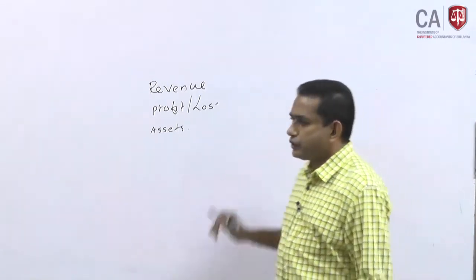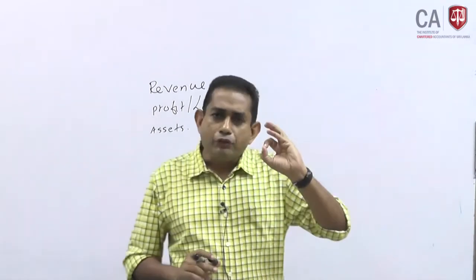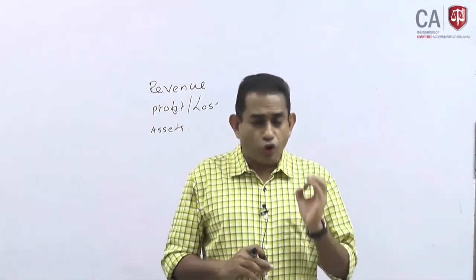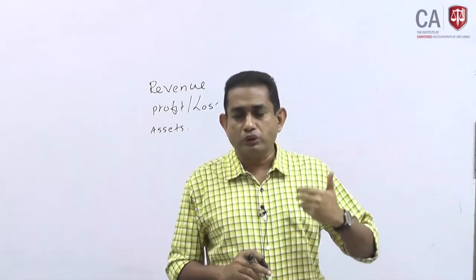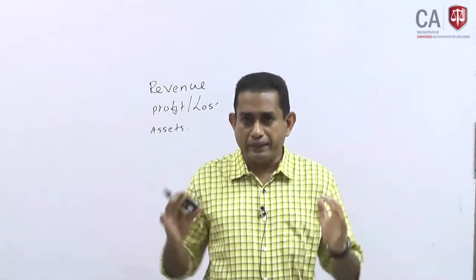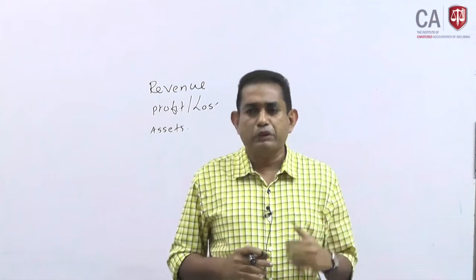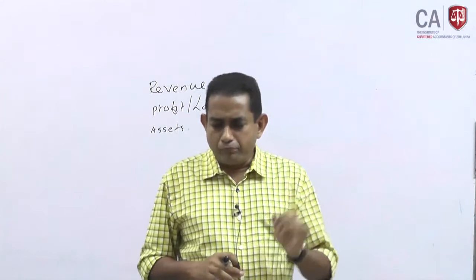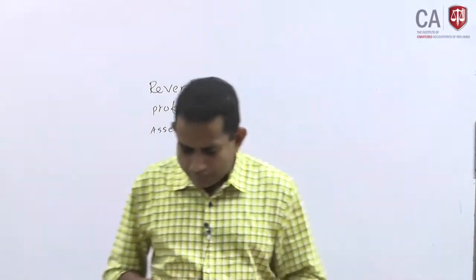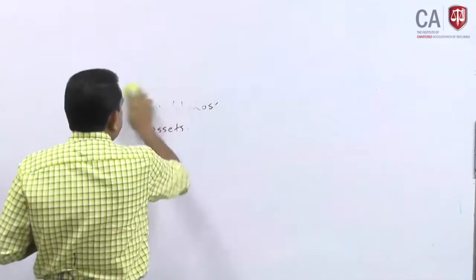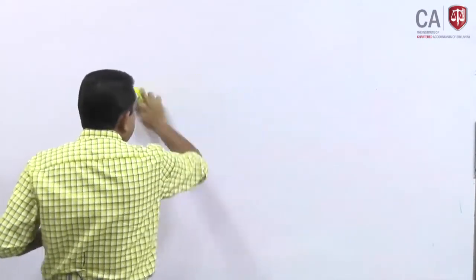Now, assets. If the total assets of a particular operating segment is 10% or above 10% of the combined total assets of the operating segments, that segment also becomes a reportable segment. That is how it says, and let me give you a simple example to illustrate and see how best we can identify the reportable segments.